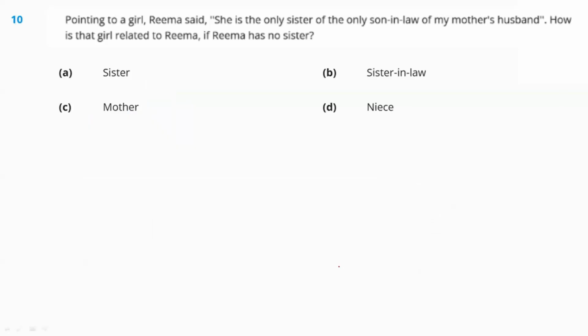Next. Pointing to a girl, Rima said she's the only sister of the only son-in-law of her mother's husband. So Rima's mother's husband is who? Rima's mother's husband is Rima's father, isn't it?